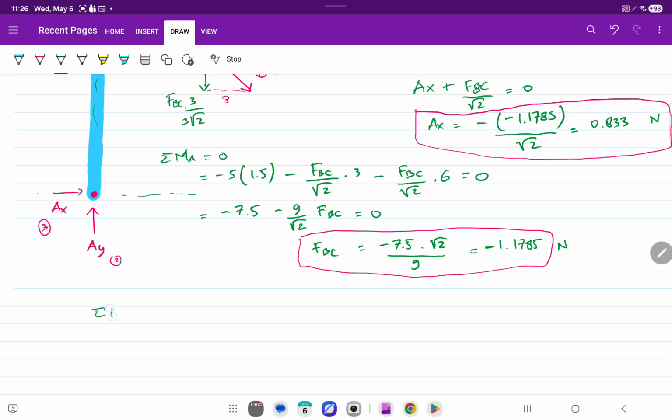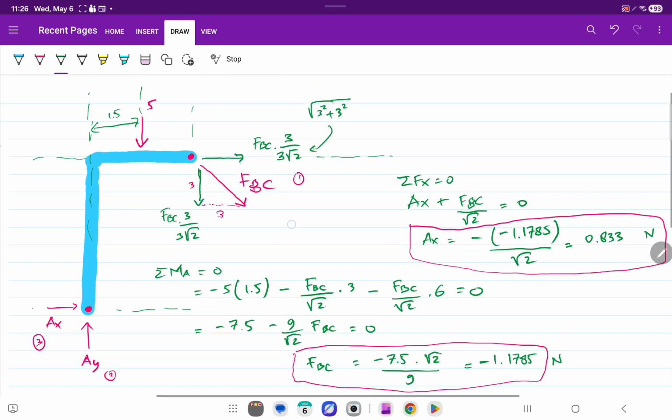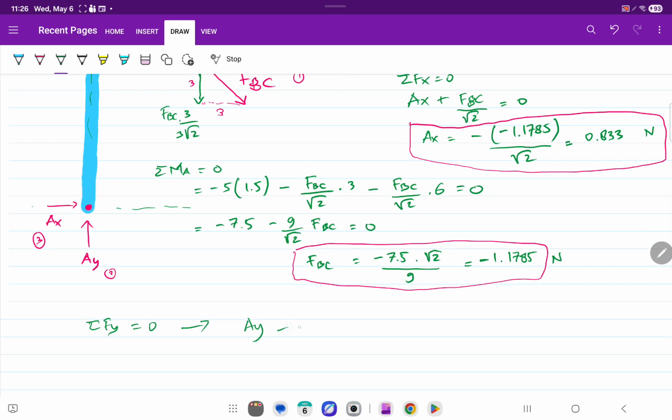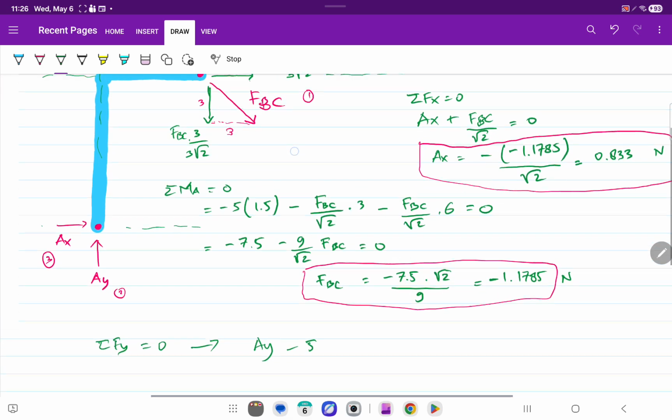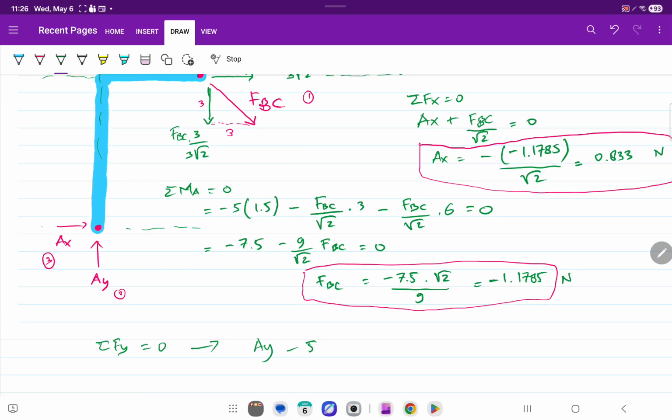Next is sigma Fy equals 0. There is Ay, which is positive, and then there is minus 5 kilonewton due to the external load that we give, and then there is FBC, projection in vertical components, so minus FBC times 3 over square root of 2, equal 0.